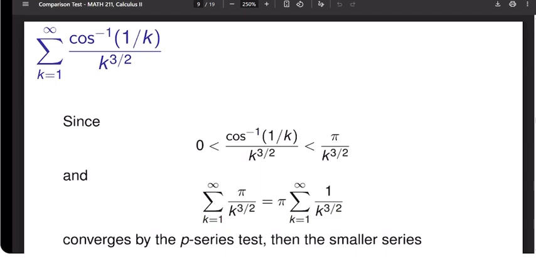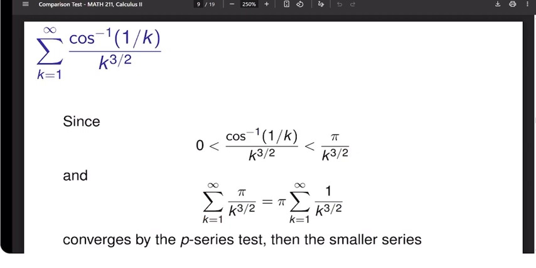Now, please pay attention. If you don't understand, ask me a question. Now, we actually want to identify what we're going to use as a larger sequence.